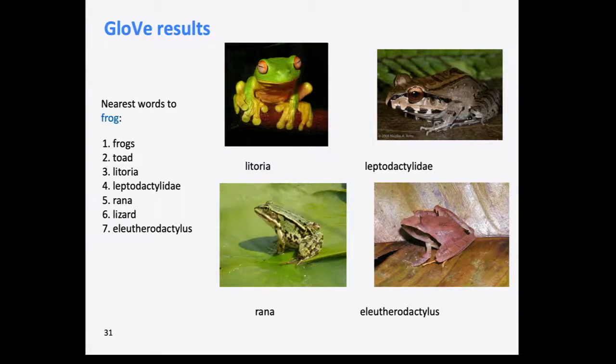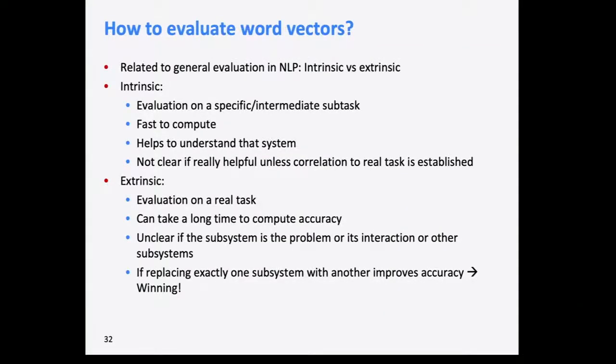Okay, so I'll go from here and say a little bit more about some of the work on evaluating word vectors. This is maybe also a chance to talk a little bit about evaluation altogether. Normally in NLP, when we do evaluation, the first thing that comes up is intrinsic versus extrinsic evaluation.